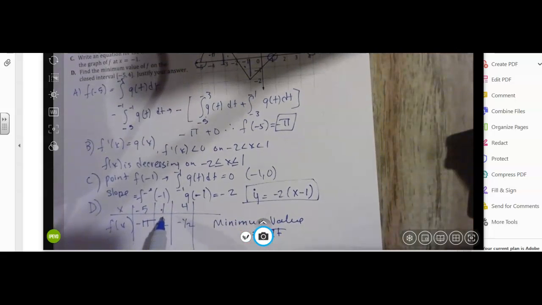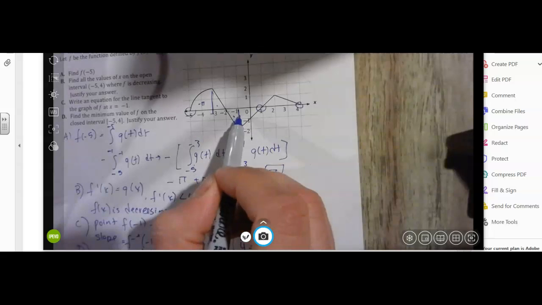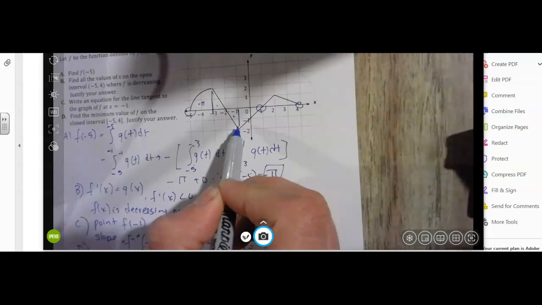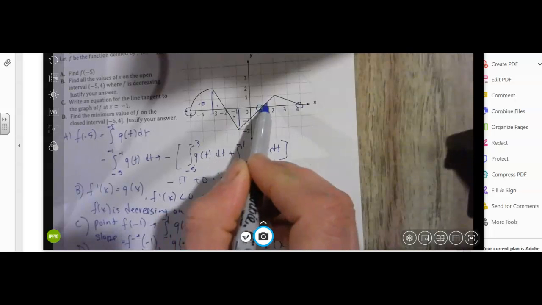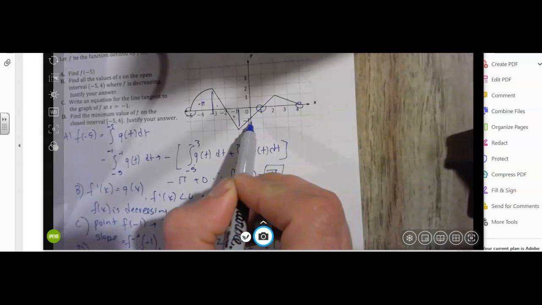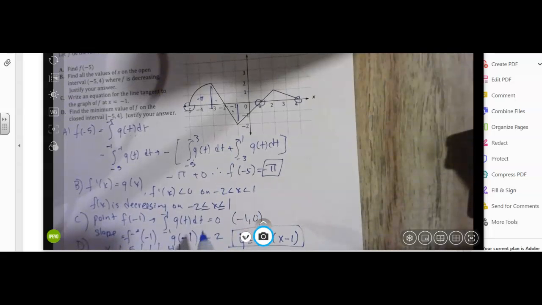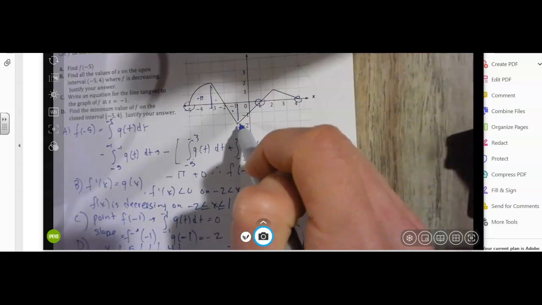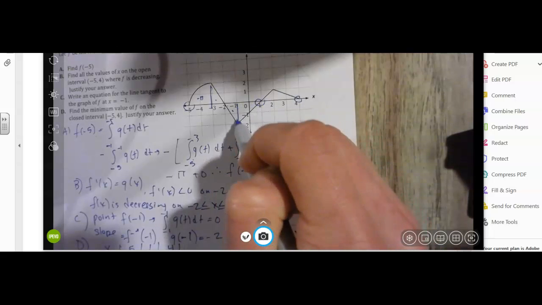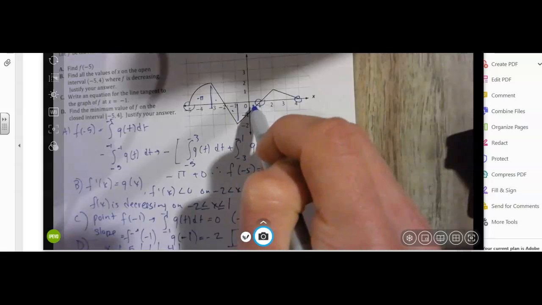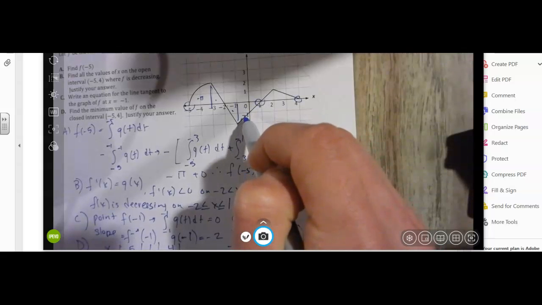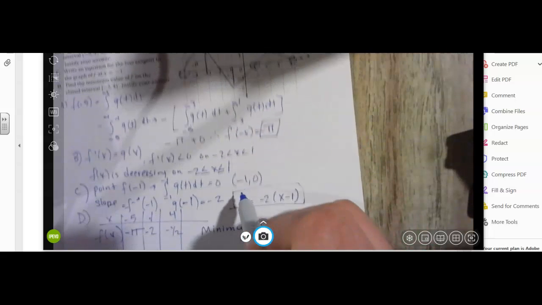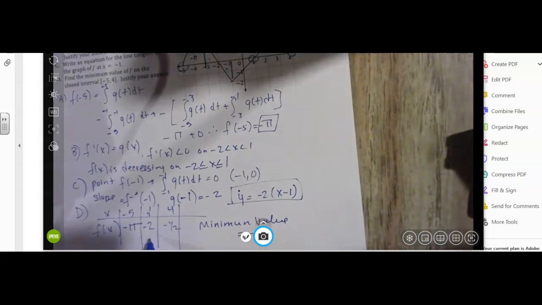Just in case you want to know, f of 1 is the area from -1 to 1. This area down in here is a triangle, so it's 2 times 2, base times height divided by 2, so it's going to be 2. And it's negative because it's below the x-axis, so that's why f of 1 is equal to -2.